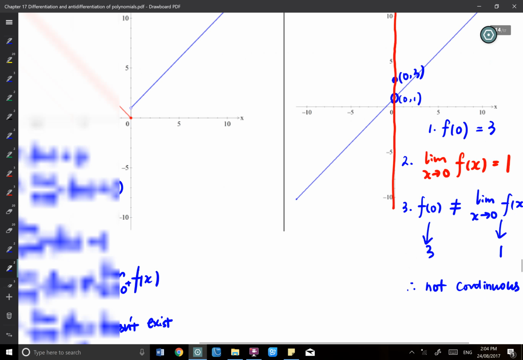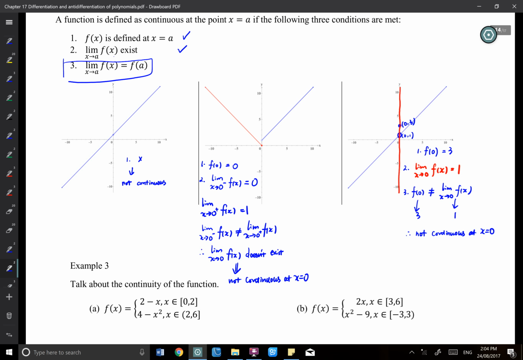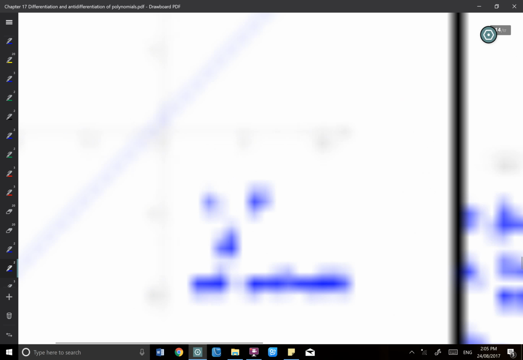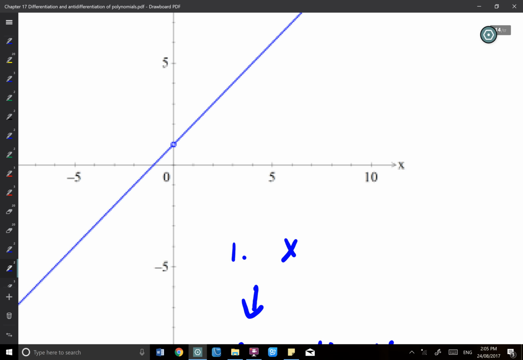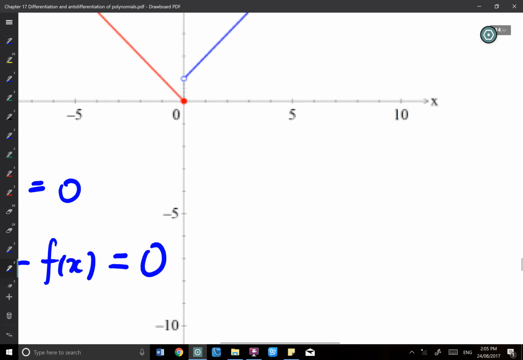Okay, that's in theory. If it's not in theory, if you just look at the graph, what's the requirement for continuous? The graph needs to be connected together. Only one requirement: at that point, the graph is connected. At x equals 0, the graph is not connected.